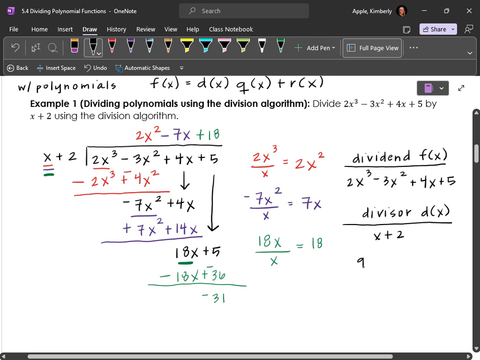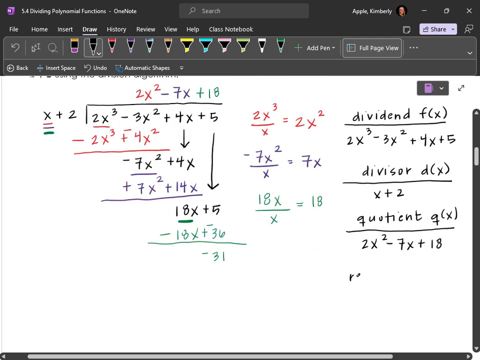Then we have the quotient, which is q of x. And the quotient is 2x squared minus 7x plus 18. And then finally, we have the remainder, which is r of x, which is just negative 31.